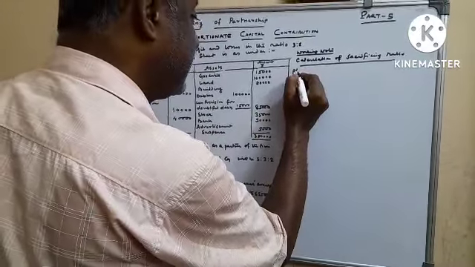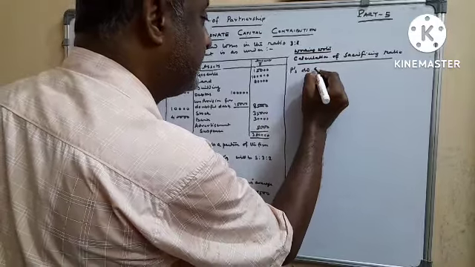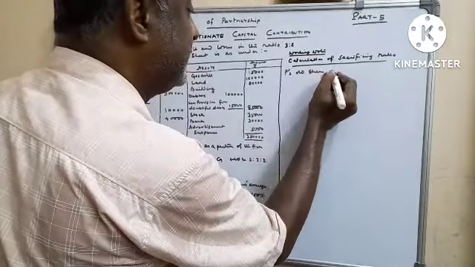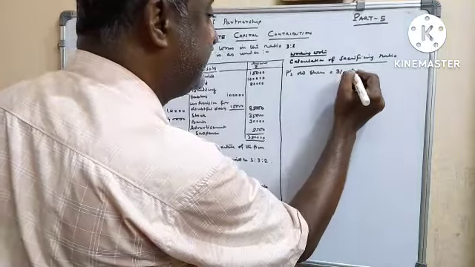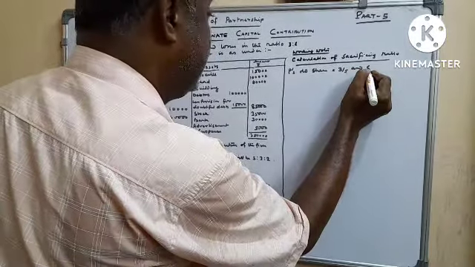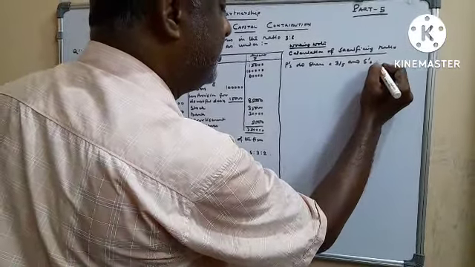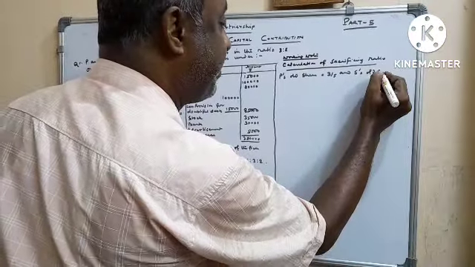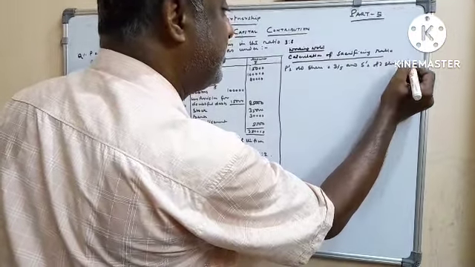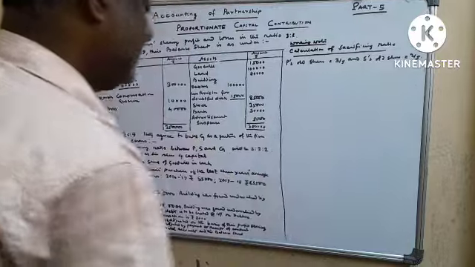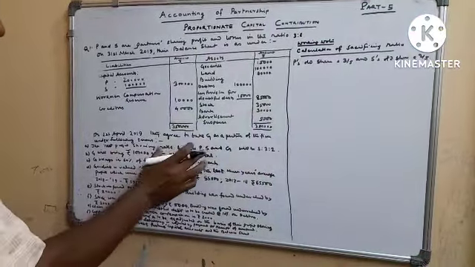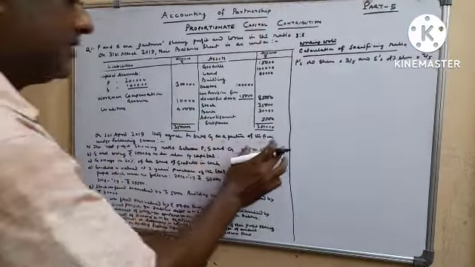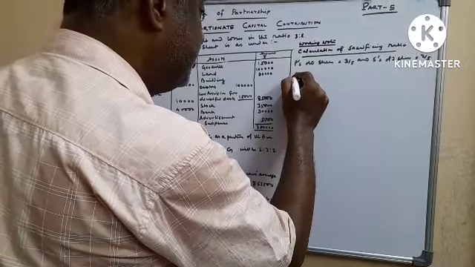P's old share equals 3/5 and S's old share equals 2/5. Now the new ratio between P, S and G is given as 5:3:2.